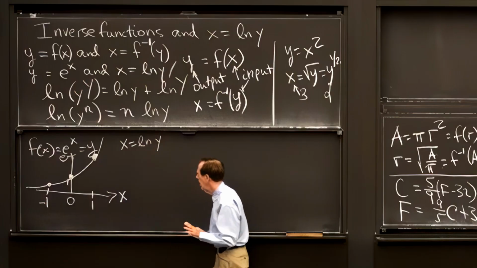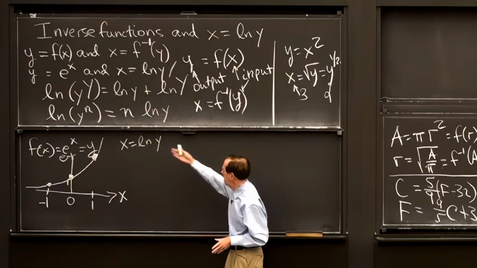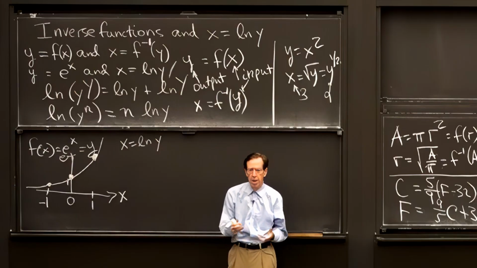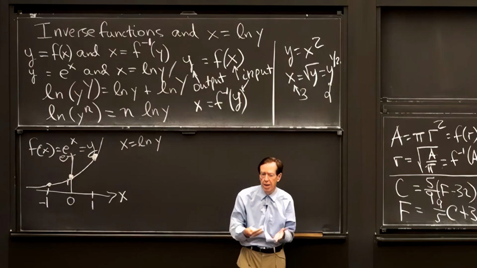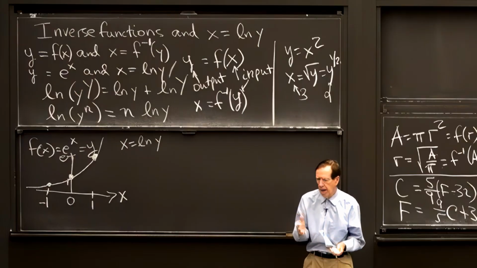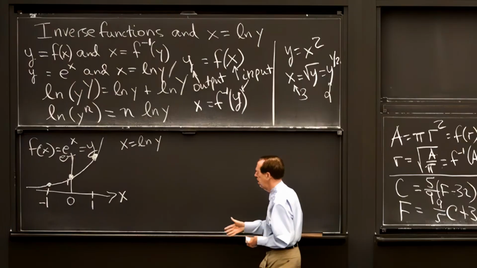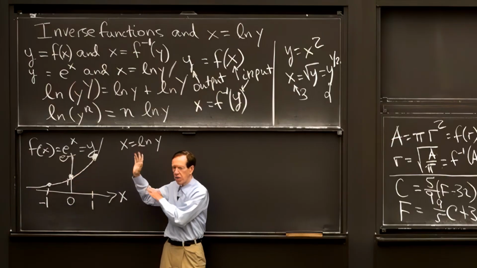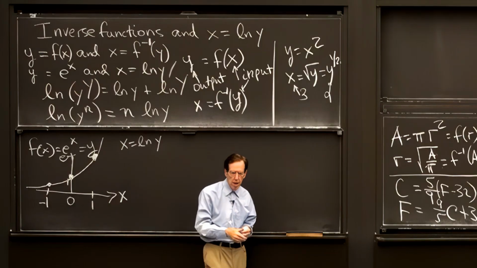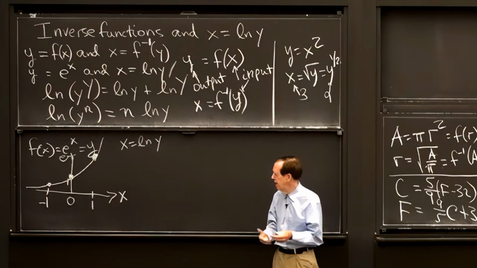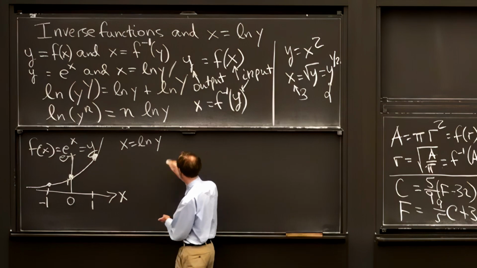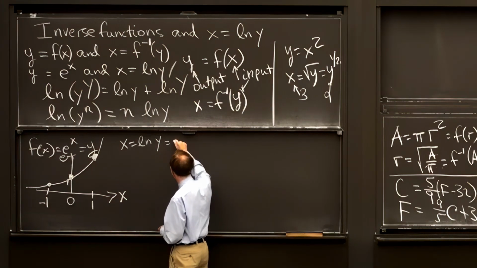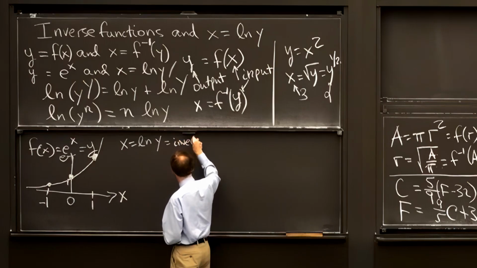And remember, I'm going to draw its picture, and I'm defining that function as the inverse function of the one we have. So I'm not going to give a new definition, a new function. It's defined by being the inverse function.